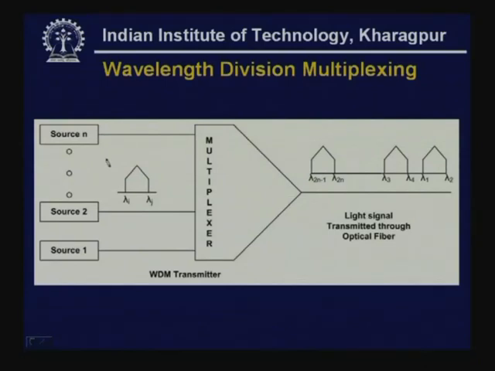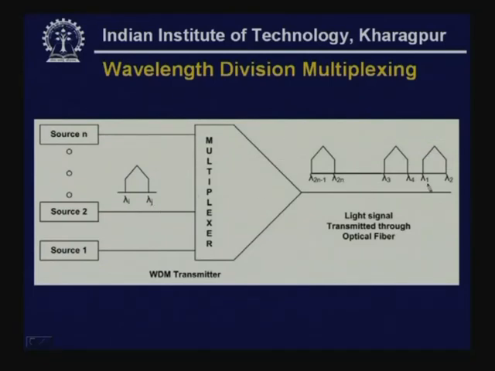Here again we have got different sources, and they are modulated with different carrier frequencies or wavelengths, as you can see. So, the bandwidth, in terms of wavelength, of a particular source i is from lambda 1 to lambda j.